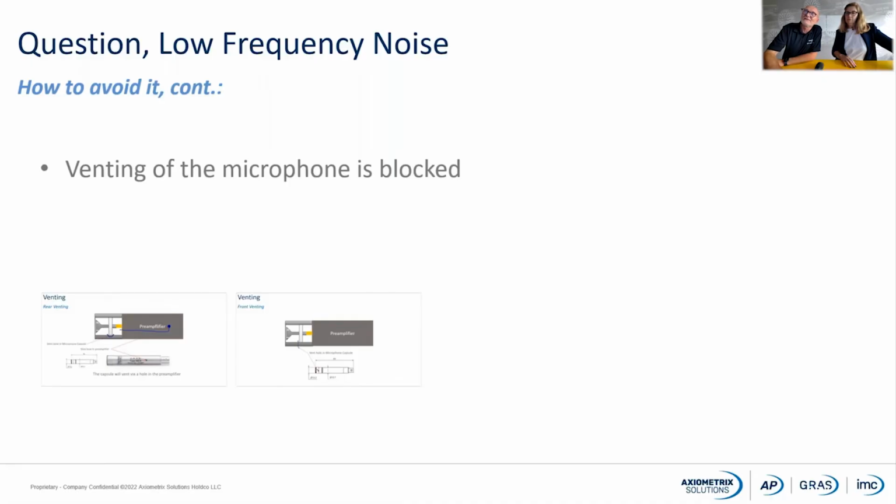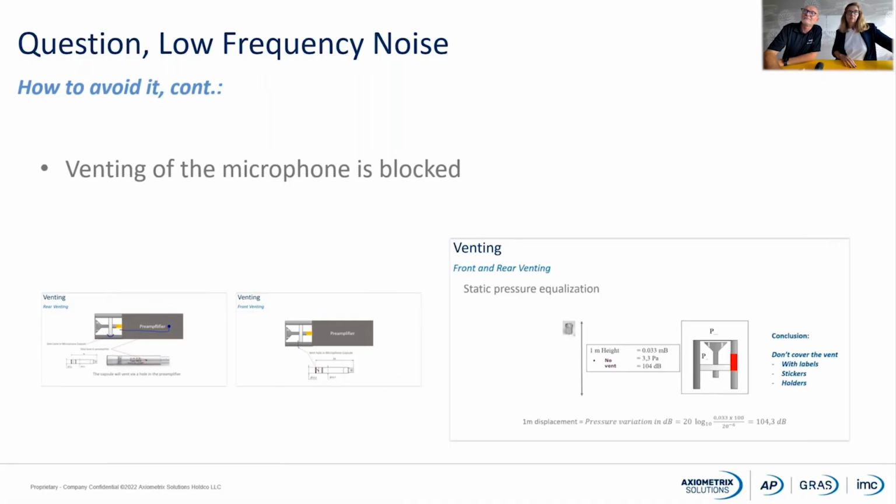It is very important that we don't plug the venting hole. I have a little example here. If we have a microphone and we have plugged this venting hole, and we move this microphone up and down 1 meter, then the static pressure difference is the same as 0.033 millibar.